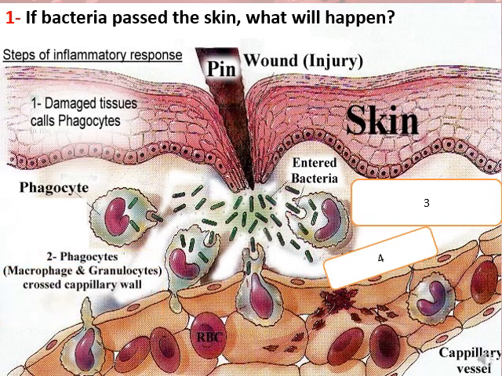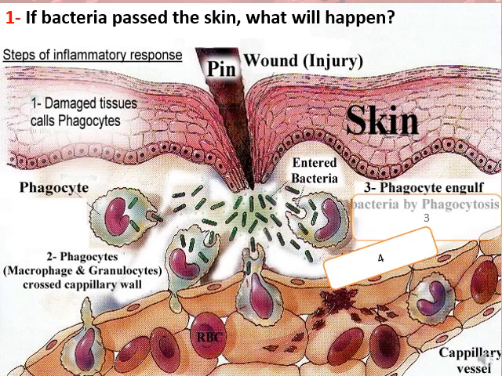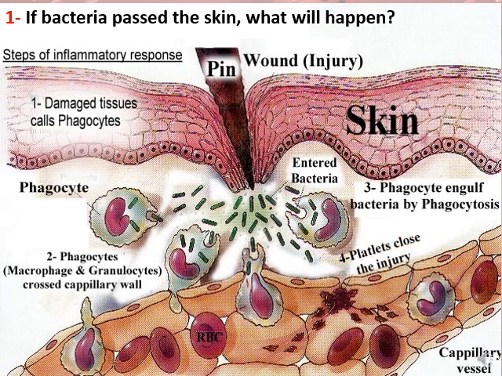Number 2, the phagocytes, which are the macrophages and the granulocytes, cross the capillary wall. Number 3, the phagocytes engulf the bacteria by the process of phagocytosis. We're going to talk about this. And number 4, the platelets will close the injury. If you remember, platelets have a role in clotting of the injury, when we talked about the blood components.